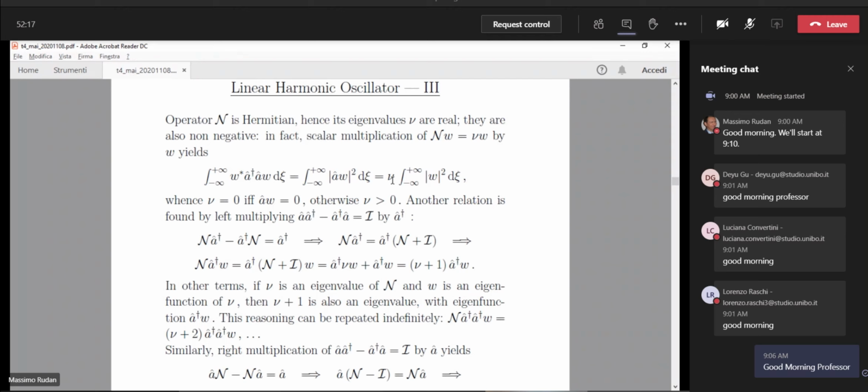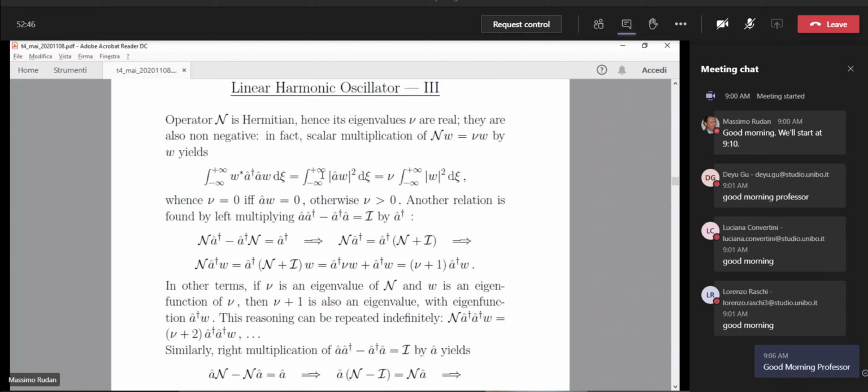If instead AW is not identically equal to 0, then the integral of AW squared is strictly positive, so that Ni is also strictly positive. So the conclusion is, if AW is non-zero, then Ni is strictly positive.